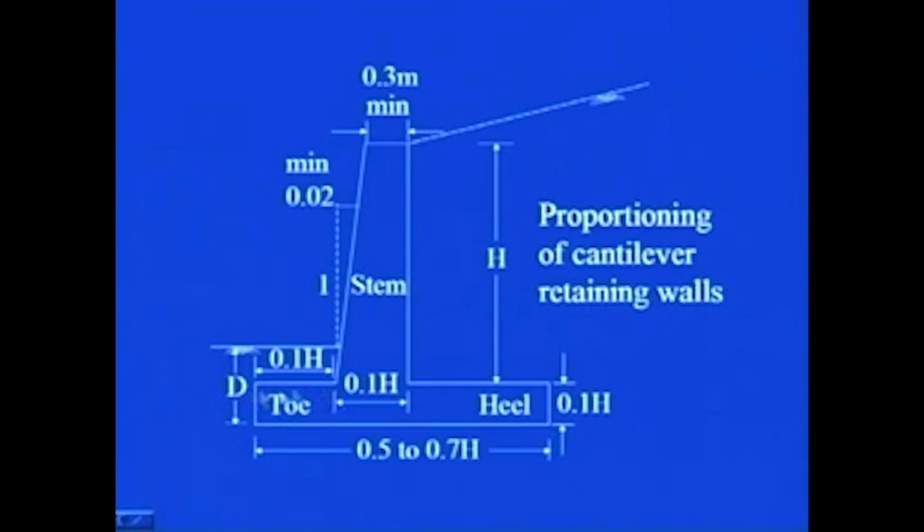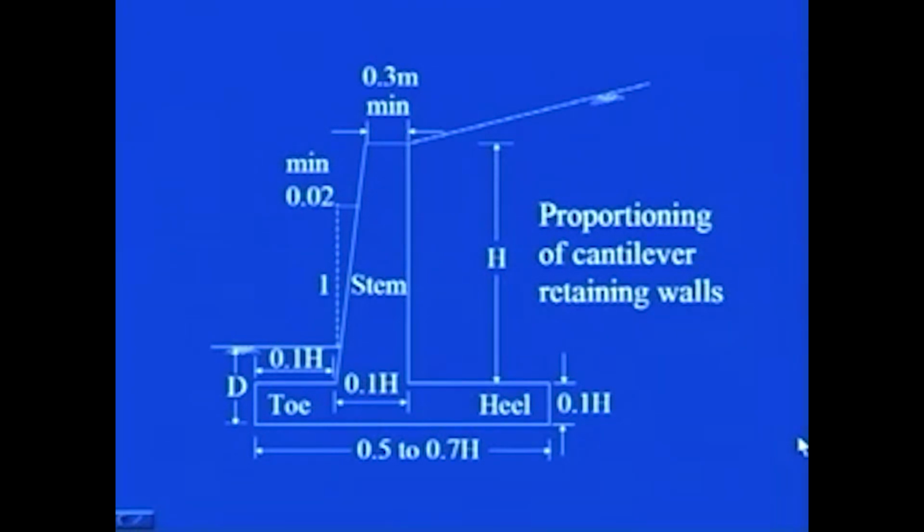The width of the toe part can be kept as 0.1 times h, and the width of the stem where it connects with the base slab can be kept equal to 0.1 times h. So, overall it gives you a rough idea about the proportioning of the wall.